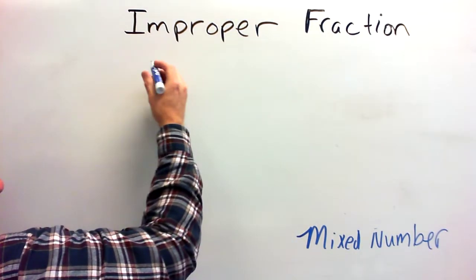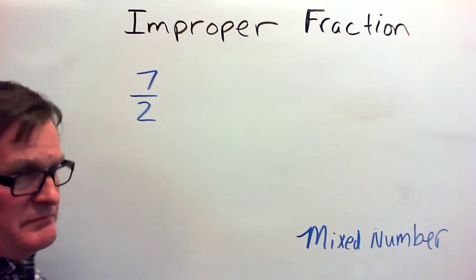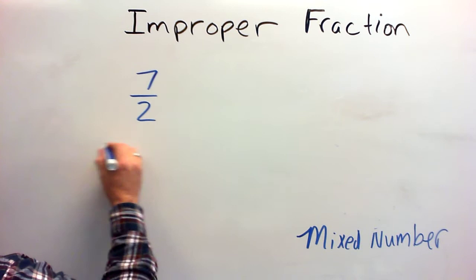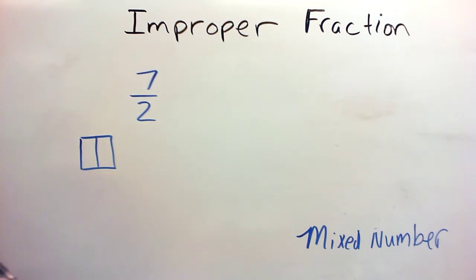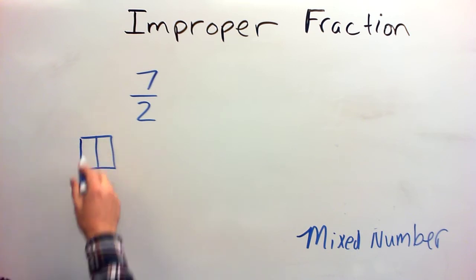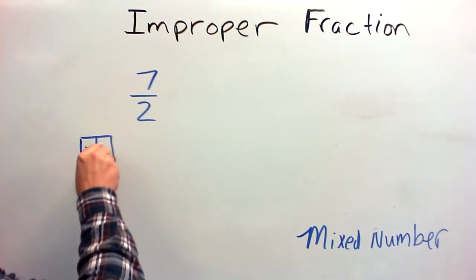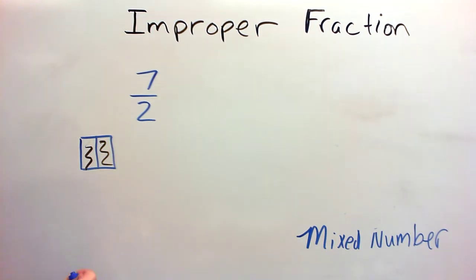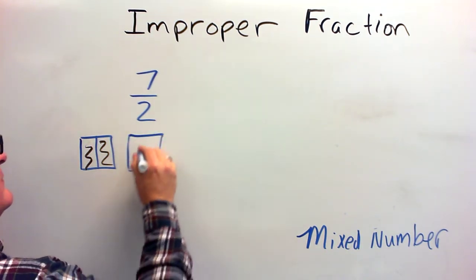Let's do 7 halves. So for the modeling, whatever I'm modeling is going to be in 2, so I just need 2 segments. And I know that I get both of those, so that's 2 halves. Obviously I've got to go further. So let's draw another one.